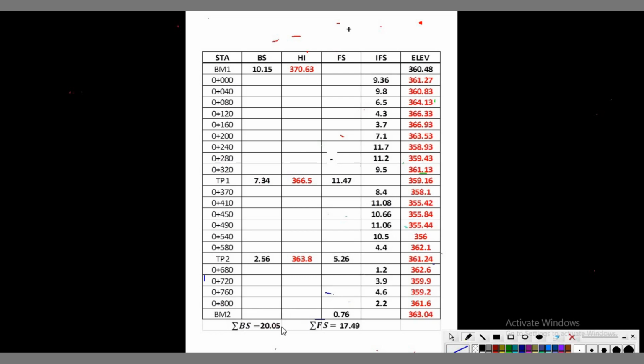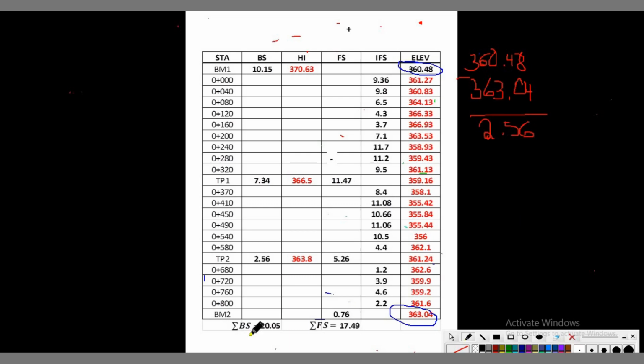If I take the difference of BM1 and BM2, the difference is, wait lang, 360.48 minus 363.04. Again, absolute value ang kukunin natin. That is equal to 2.56.